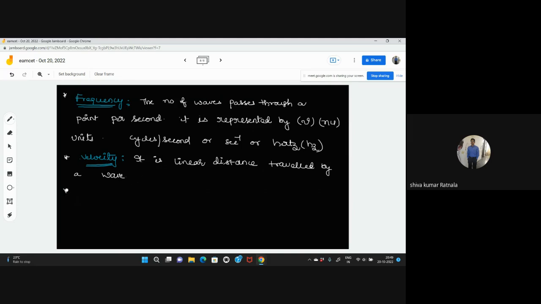So from there, one relation is given, that is the relationship between velocity, frequency and wavelength.